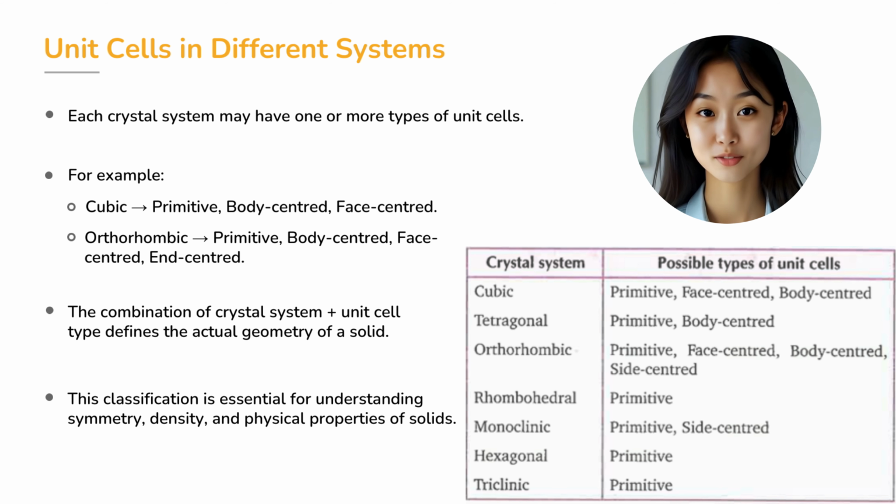The combination of the system and the type of unit cell decides the exact geometry of the solid. This is why sodium chloride is face-centered cubic, whereas cesium chloride is body-centered cubic, even though both are salts. Such details help chemists calculate important properties such as density, coordination number, and stability of crystals.